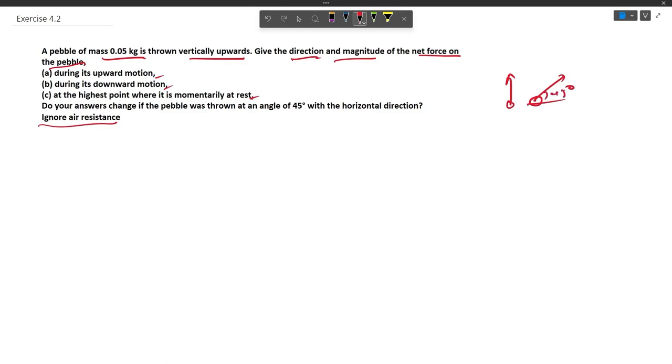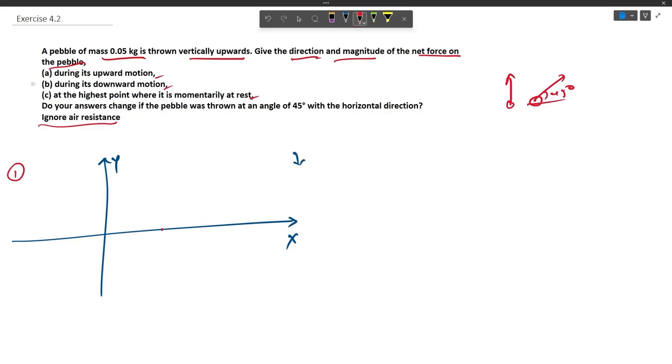So let us discuss the first case. This is the coordinate axis, x and y. We are assuming that the gravitational force is acting downwards and the pebble is thrown upwards against gravity.